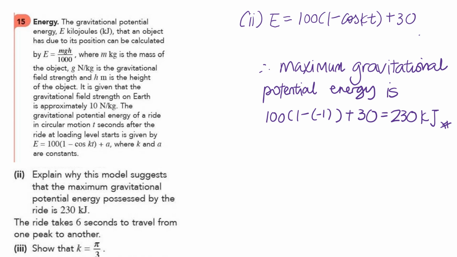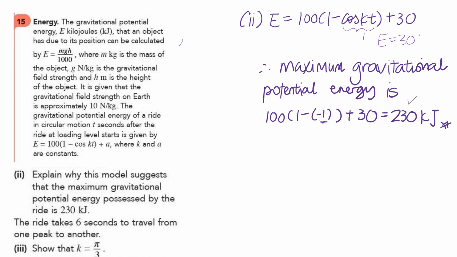The maximum value for cos kt will be 1, right? But if you use that, you won't get the maximum E. If you use this to be 1, you end up with E equals 30, and I don't think that's maximum. Therefore, you have to use the minimum value for cos kt. The minimum value for cos kt is -1. That's how you end up getting 230.